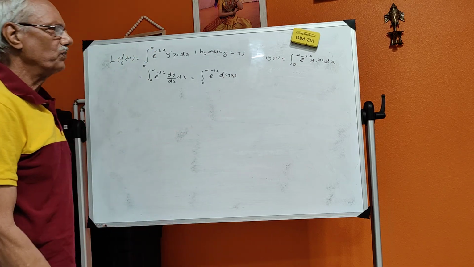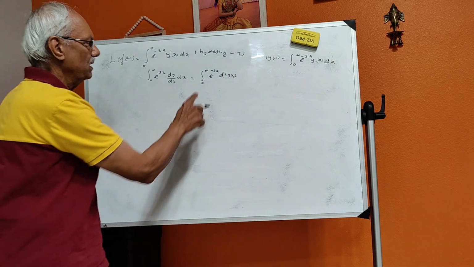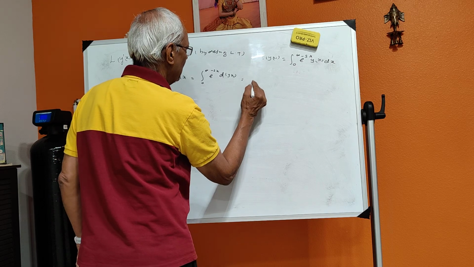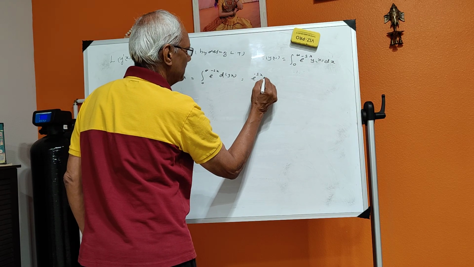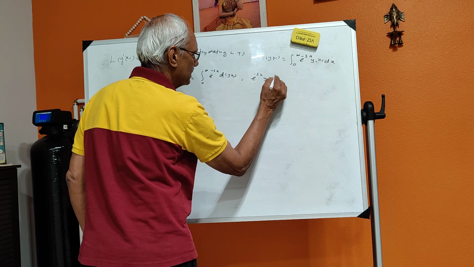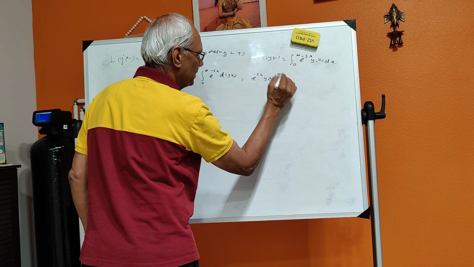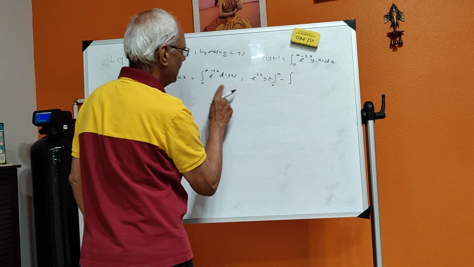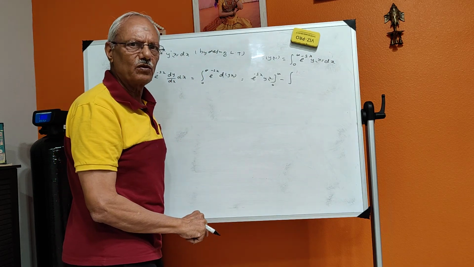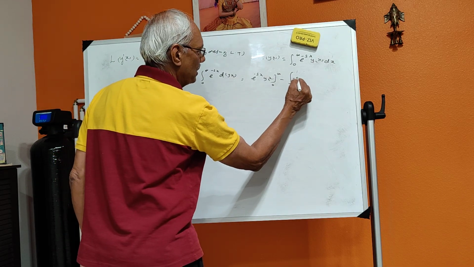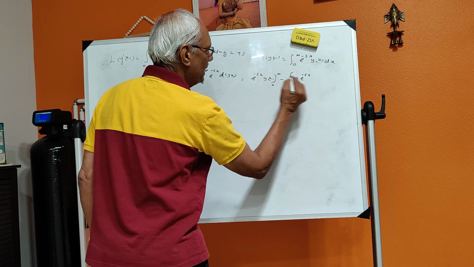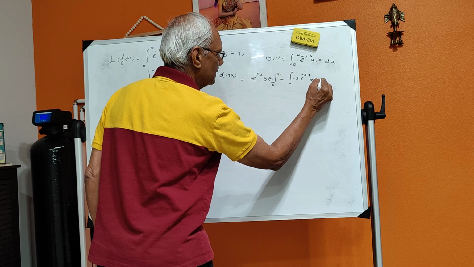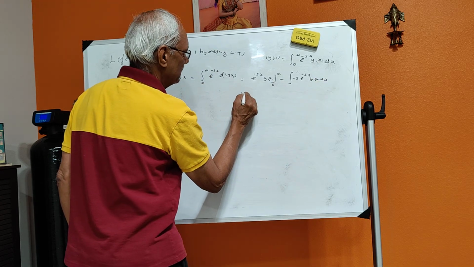Now using Bernoulli's method of integration, I can write this as e to the power of minus sx into y of x from 0 to infinity, minus the integral of the derivative of e to the power of minus sx, which is minus s e to the power of minus sx, into y of x dx.